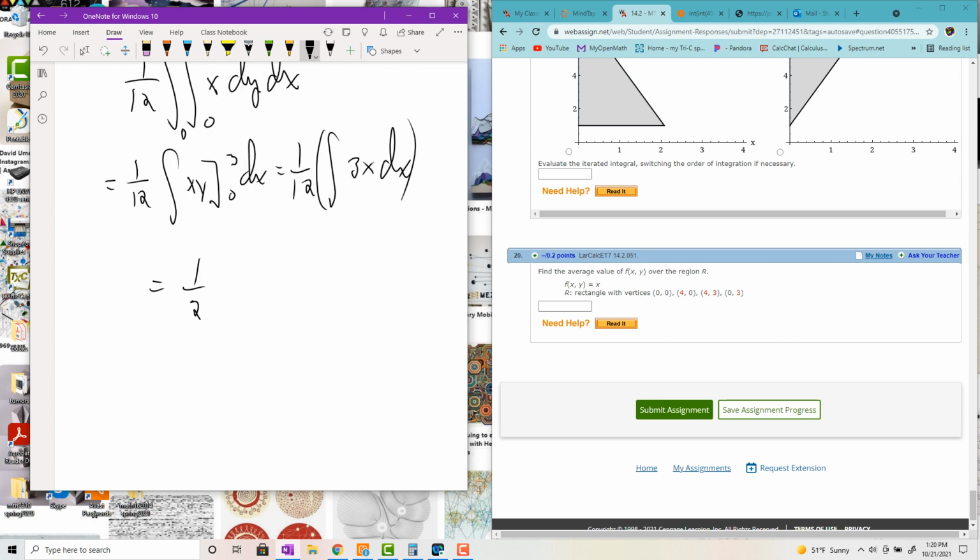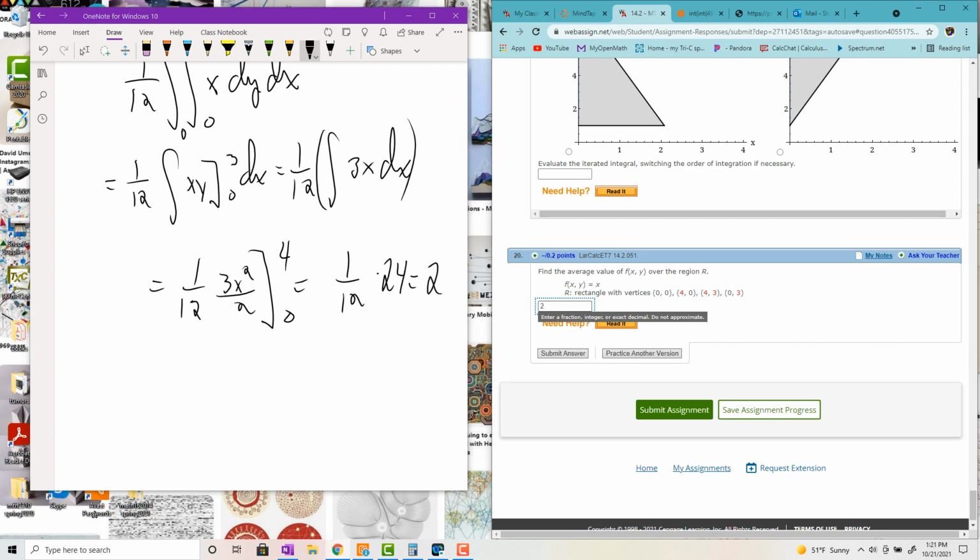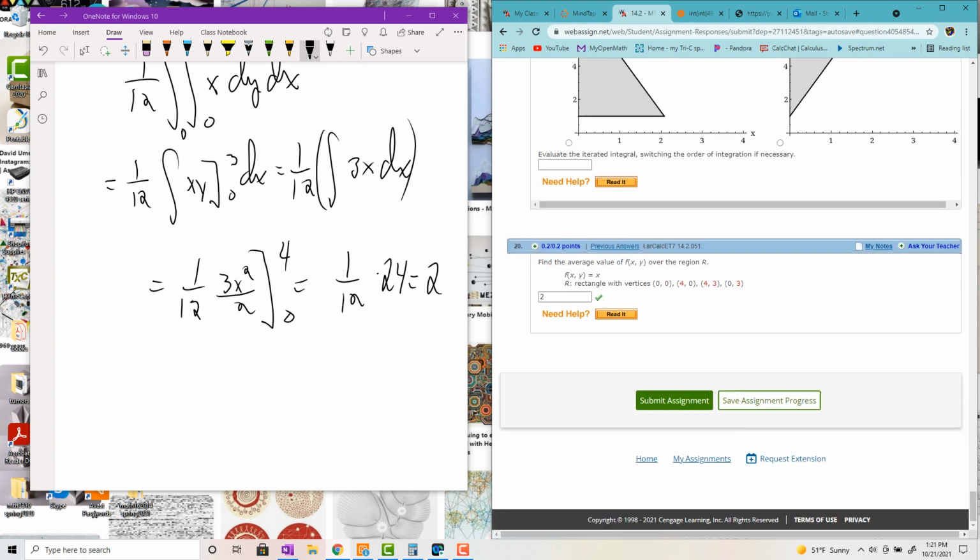So you get 1/12 times 3x squared over 2 from 0 to 4. That would be 1/12 times 16 times 3, 48 over 2 is 24. So I'm thinking it's 2. I'm just going to shoot from the hip there. Plug that in, see if it works. Yeah.